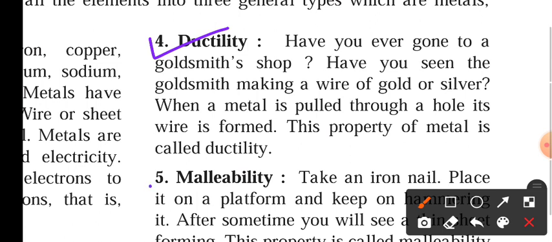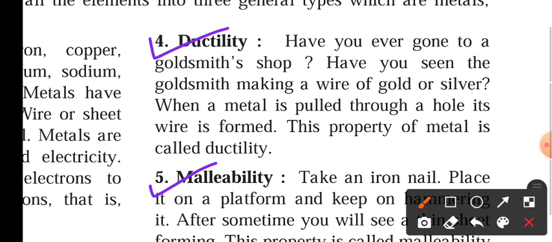The next property is malleability. Malleability is a property of metals where we can make thin sheets of metals. When we hammer metals, the shape of the metal changes, and we can make it into thin sheets.